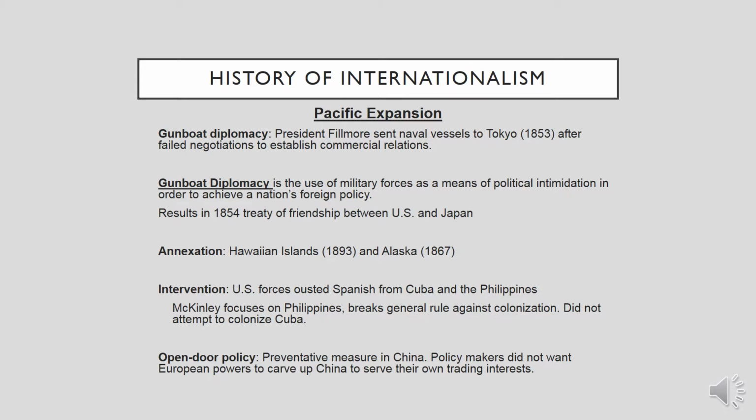And this is oftentimes referred to as gunboat diplomacy because during the Fillmore administration, in order to open up trade to Japan and China and others, the president sent naval vessels to Tokyo Bay after failed negotiations to establish commercial relations. And so gunboat diplomacy is using military might or military force as a means of political intimidation in order to achieve a nation state's foreign policy. In this case, our foreign policy was commercial expansion.